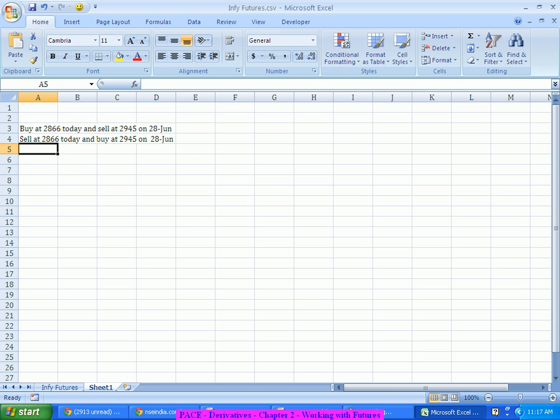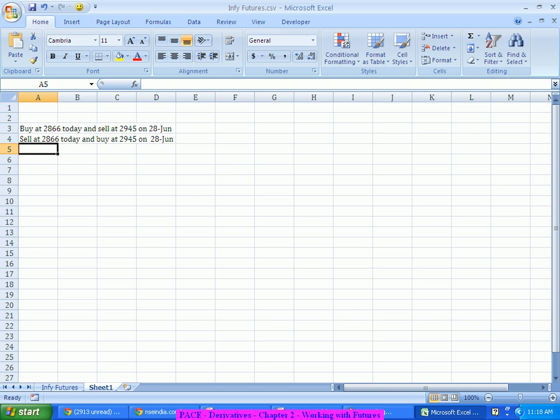Probably the 2866 deposited somewhere, get 3000 out of that deposit for 2 months, and buy it at 2945 itself. In that case also I am making a profit. If I know there is some other opportunity where if I put the 2866, I will get 3000, I will put this 2866, get 3000, and buy the share at 2945 on that day.